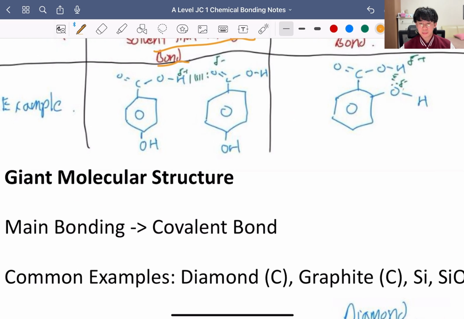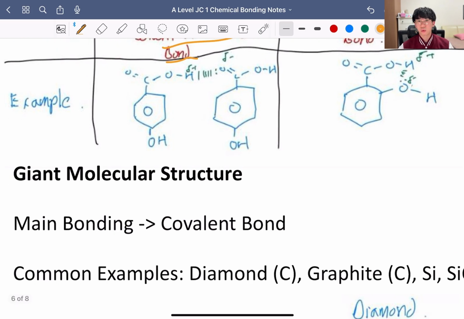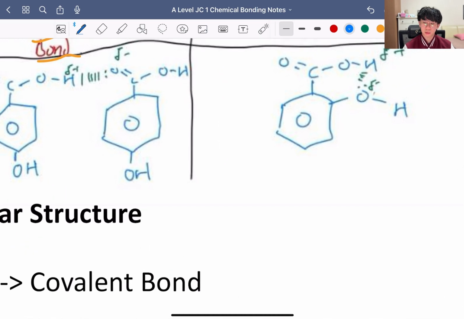This big molecule over here, you don't have to worry about the name, but this is just an example of the intermolecular force versus the intramolecular force. And they love to ask about intramolecular forces, because students cannot picture that the intramolecular force is happening.